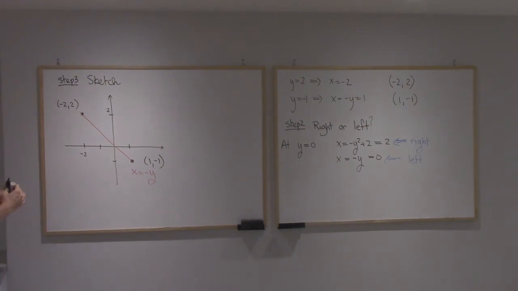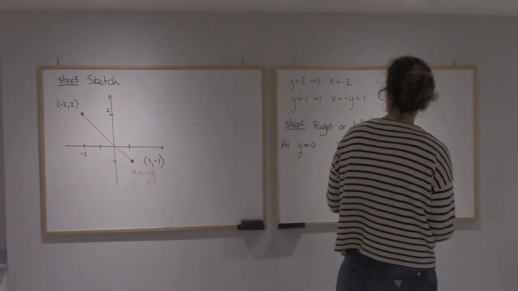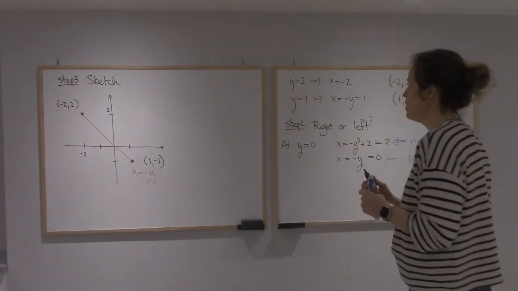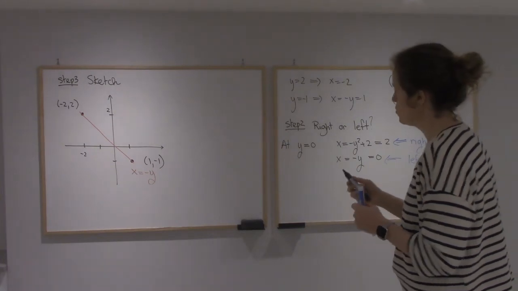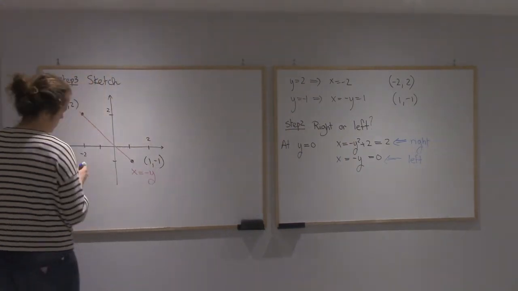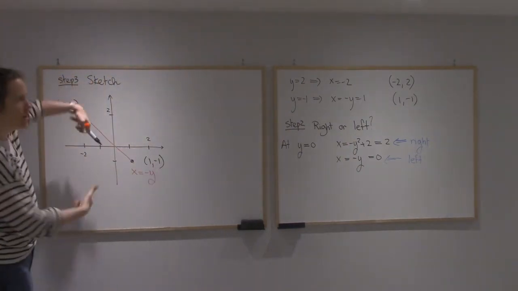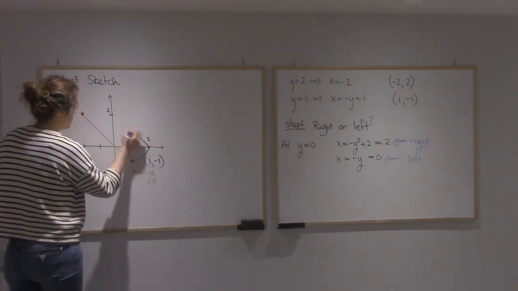Then I have minus y squared plus 2. So it's going to look like this. It's a parabola sideways, and it has a vertex here.